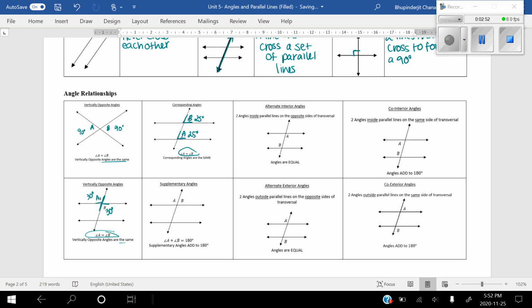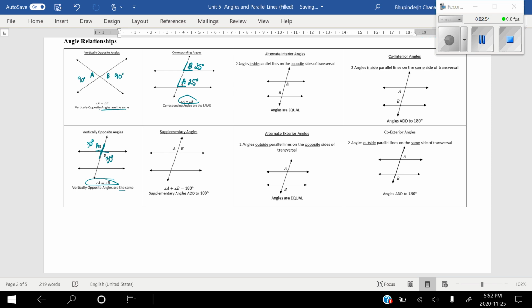Now we're getting into a different territory here when we are saying supplementary. Remember that when you have supplementary angles, it is the same as the definition we learned yesterday. These two angles added together should equal 180.